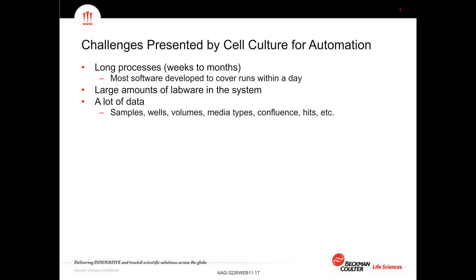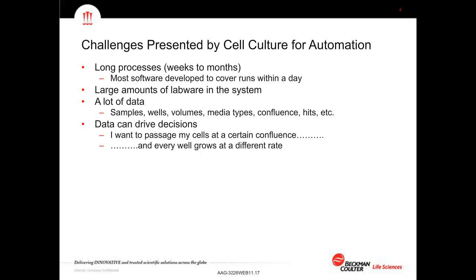There's a lot of data, and this is one of the key things we want to talk about today, and that data could be sample identifiers, it could be volume information, it might be what type of media do I need to use, it could be data that we've gathered on the system, such as confluence, and we'll come back to this later on and how that might drive what is a hit for us to carry on through.